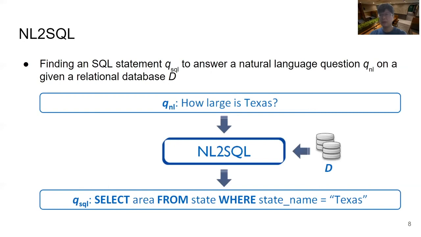NL2SQL is to find an SQL statement to answer a natural language question on a database. For example, if a natural language question, how large is Texas, is given on the geography database, we can translate the question into the following SQL query.